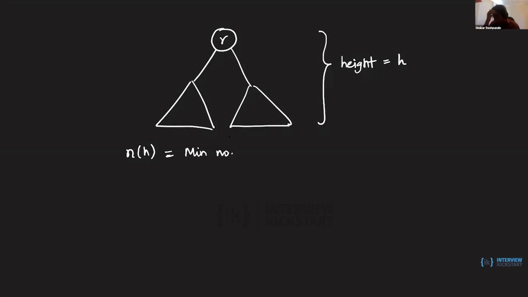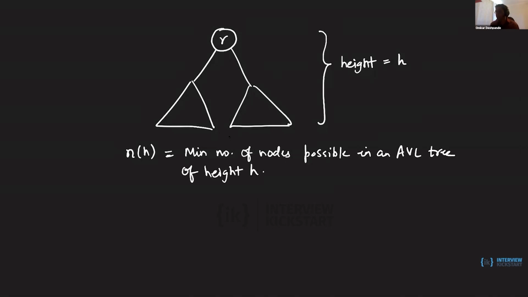So if I define n of h as the smallest number of nodes possible in an AVL tree of height h, and if I can show that this value is going to grow exponentially with h, that means any other AVL tree of height h is also going to grow exponentially with h, because it might even have more nodes than this smallest number.